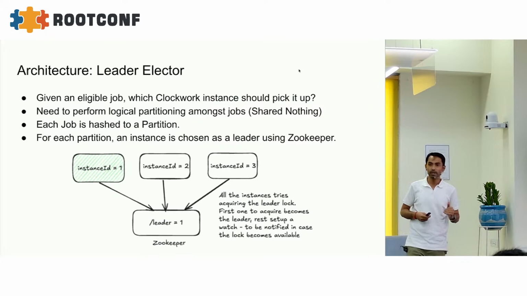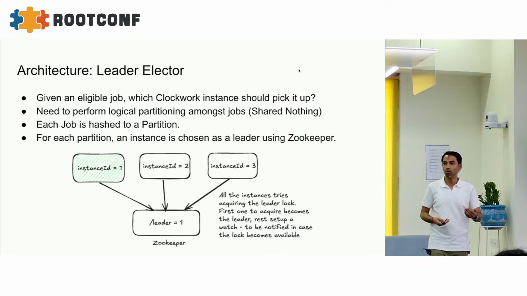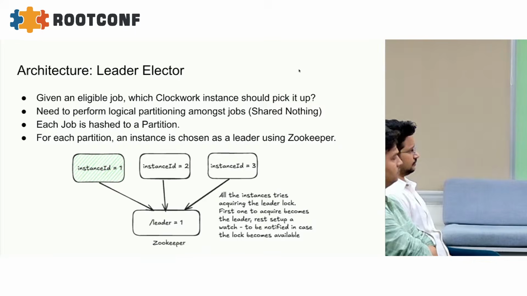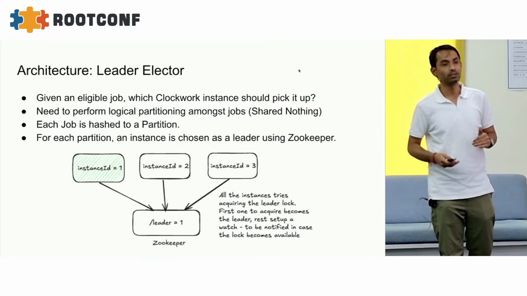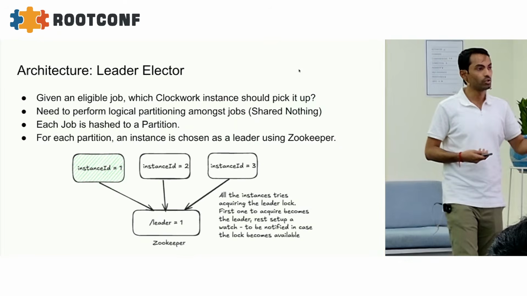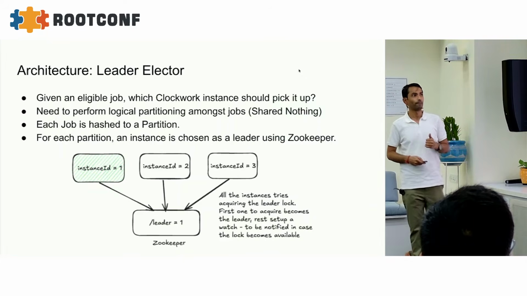But only one of them can succeed. The remaining ones, which have failed, will set up a watch, so they get notified. If, let's say, instance 1 dies, they will get a notification saying, hey, something has changed. Do you want to reacquire leadership? That's how we ensure only one instance becomes a leader for a partition.